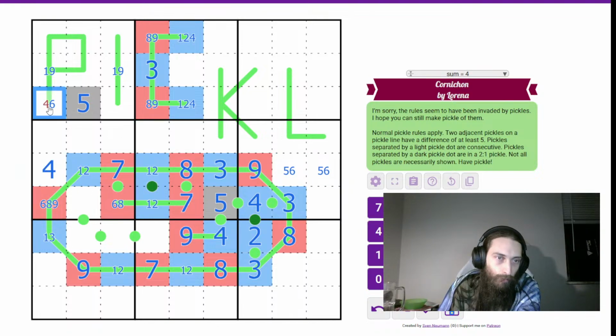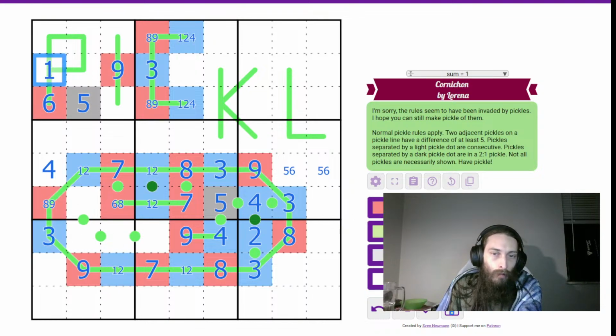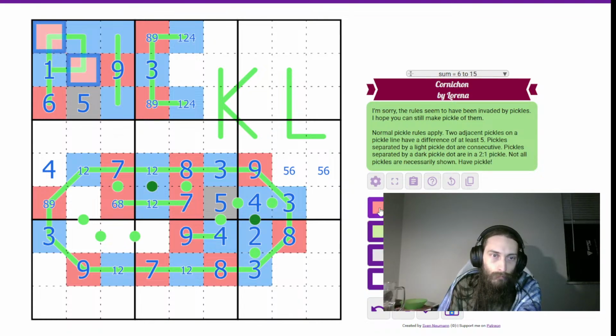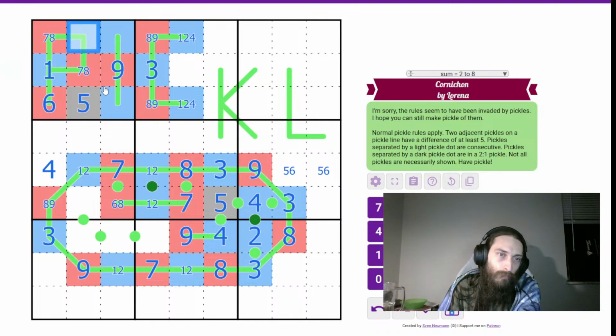Five and 6 make 4, makes 6, makes 1, makes 9. 7, 8. If one of those is 7, this has to be a 2.